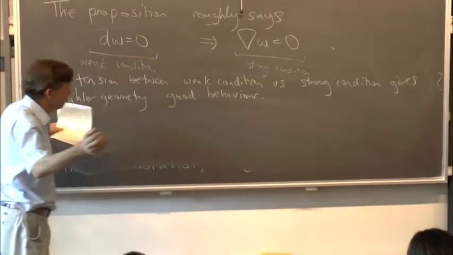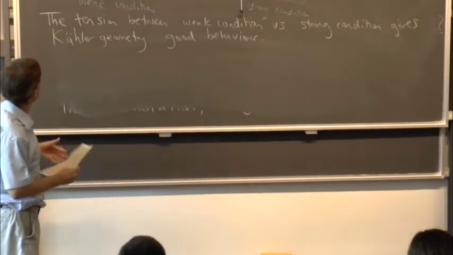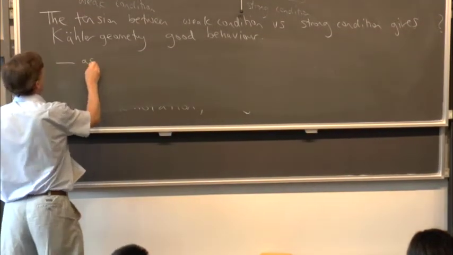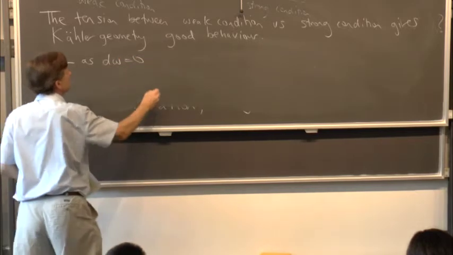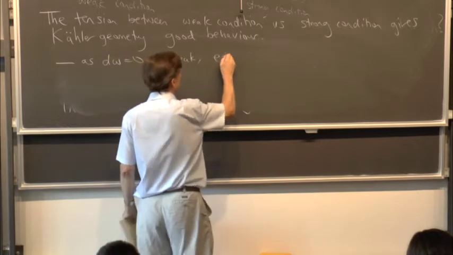At least morally speaking, it's not very precise, but basically, as d omega equals 0 is weak, it's easy to satisfy.